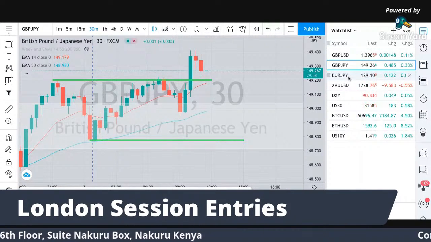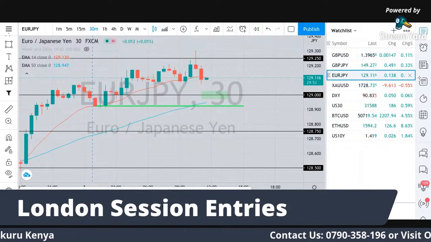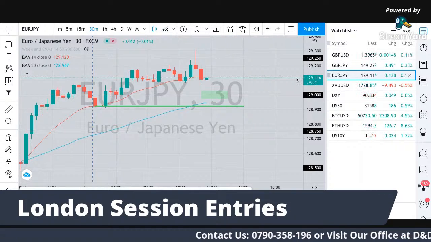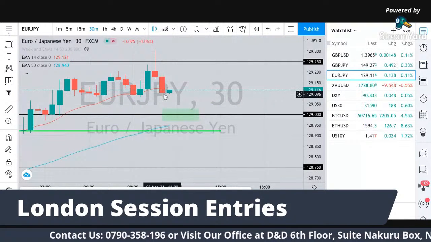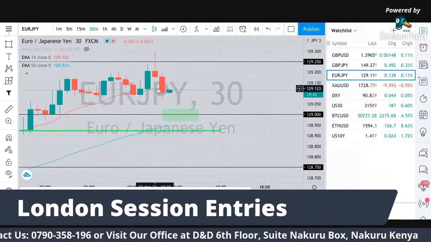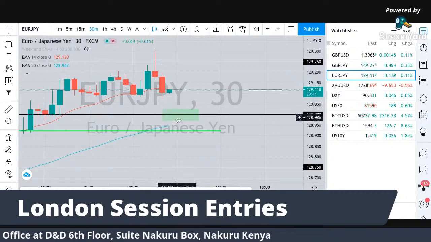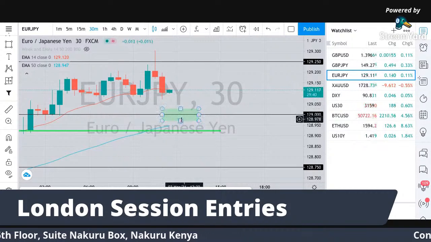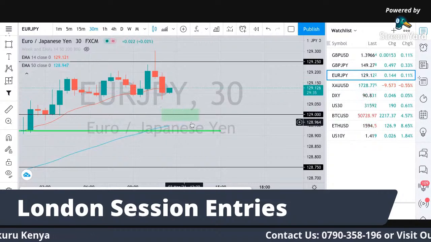Let's look at EJ. Yes, you see, the candle has closed below this moving average, the 14 moving average. So I'm expecting some bearish momentum up to this particular zone. However, the macro is bullish, so we are looking for buy entries.